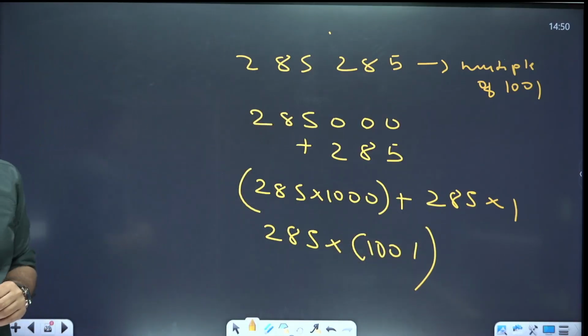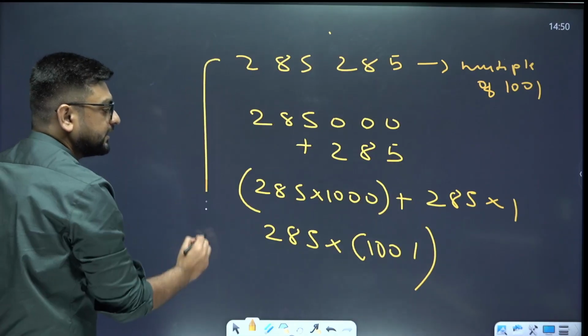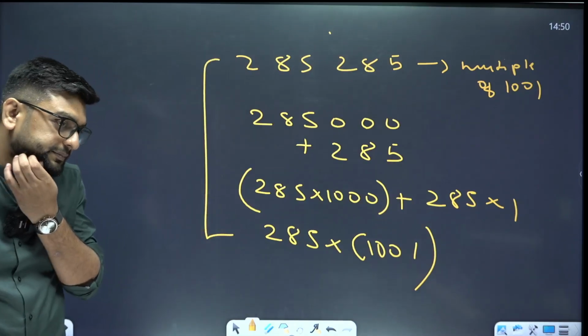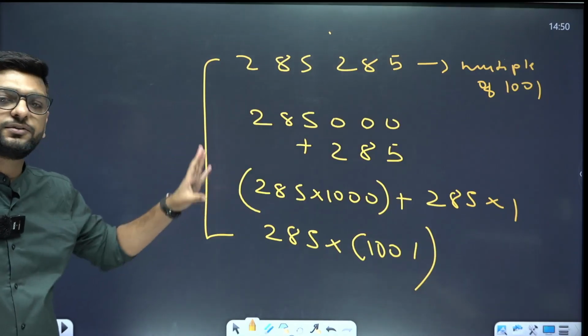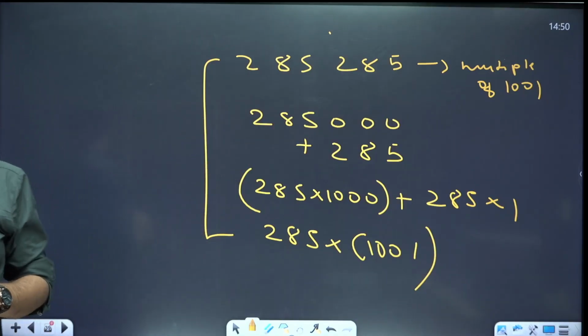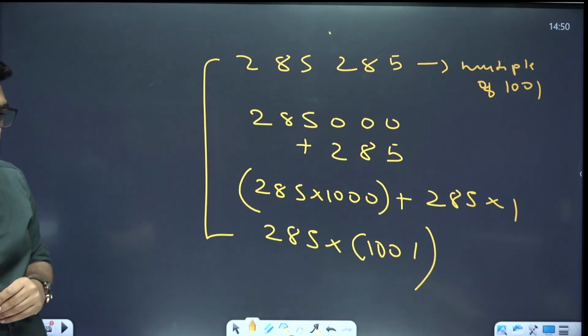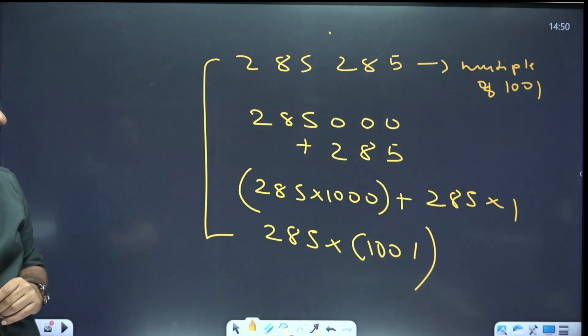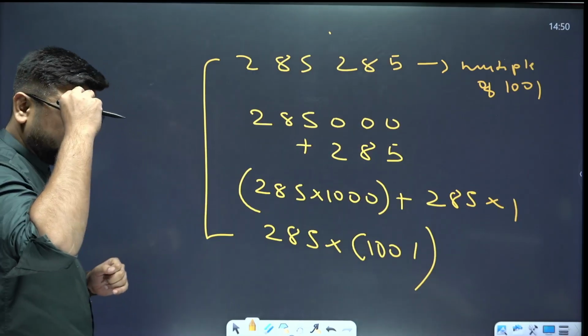Okay, 285 into 1001. Anyone who did not understand this step? All right, everyone understood? Okay, let's move on to the next part.